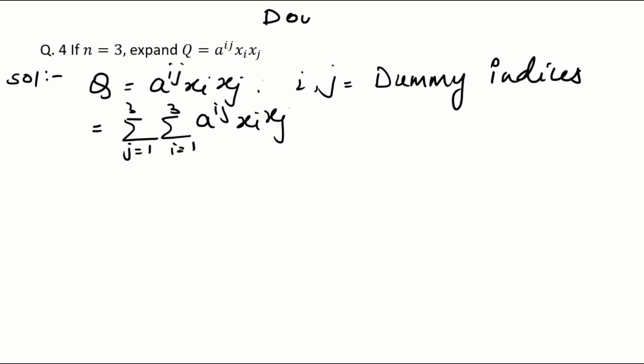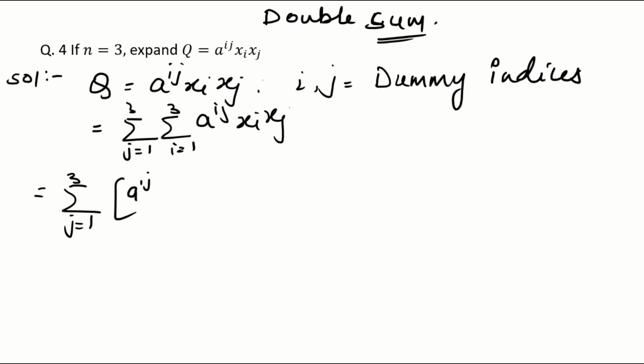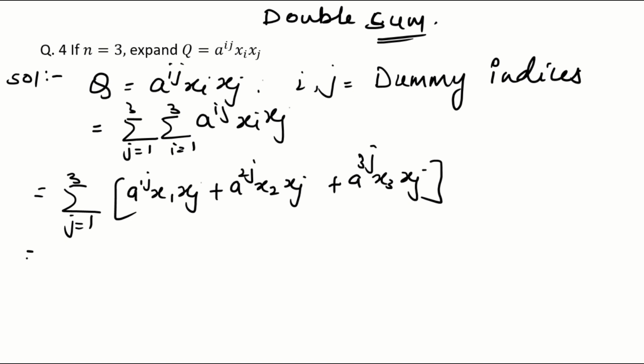So this is an example of a double sum. When you have two dummy indices, there will be a double sum. So how will you expand? Let's first keep j fixed and vary i. First I take 1, so you will get a1j x1 xj, then a2j x2 xj, then a3j x3 xj. Next, let's put values of j.